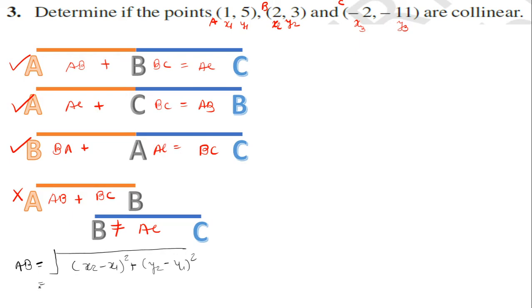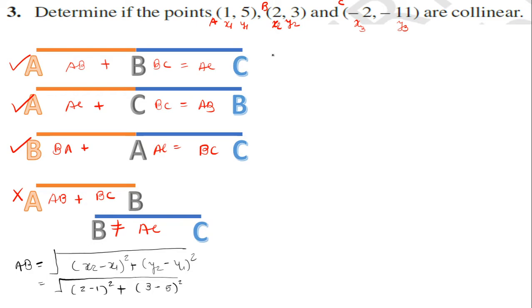If you substitute the values, it is 2 minus 1 whole square plus 3 minus 5 whole square.